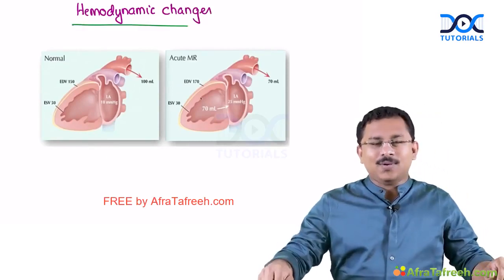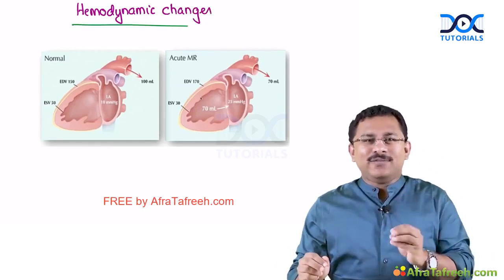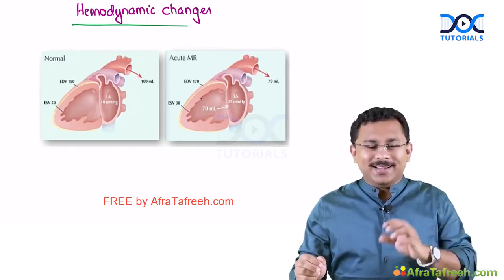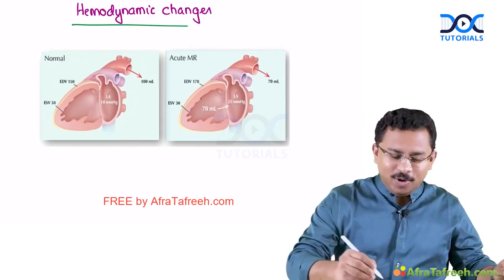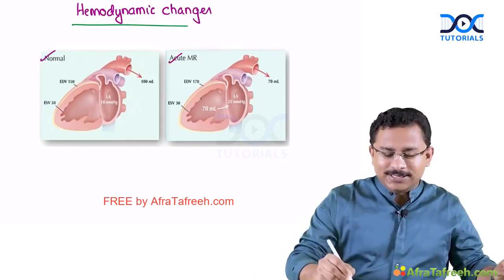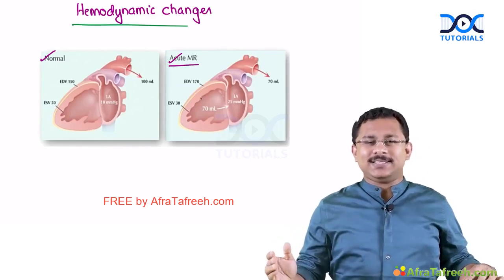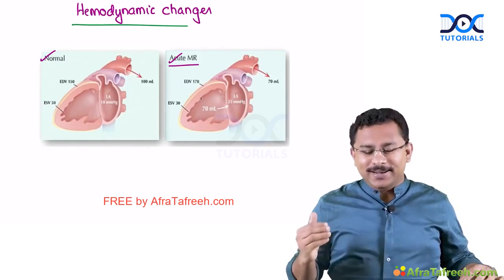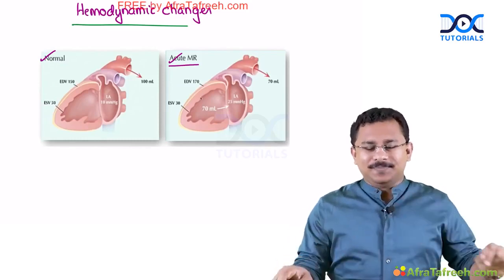Now coming to the hemodynamic changes, we are going to have a closer look at the pathophysiology of mitral regurgitation. We'll start off by comparing the normal hemodynamics versus the hemodynamics in case of acute mitral regurgitation. Yes, we will proceed ahead and discuss chronic mitral regurgitation also, but let's start off with acute MR.